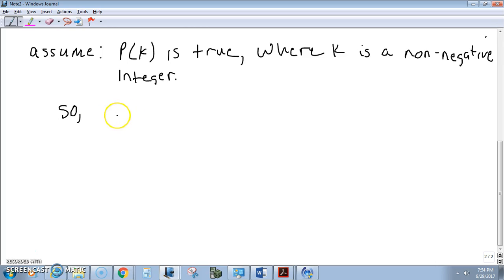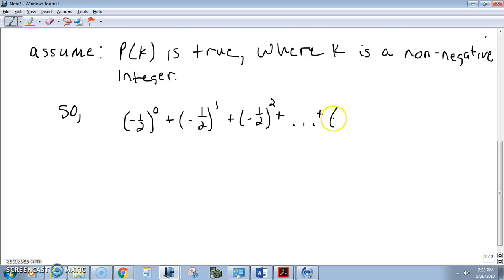So that means that negative 1/2 to the 0 power, plus, and I'm just going to write out my sum here, negative 1/2 to the first power, plus negative 1/2 squared, plus, and again, plus negative 1/2 to the k power, is equal to 2 to the k plus 1 plus negative 1 to the k power, all over 3 times 2 to the k power.